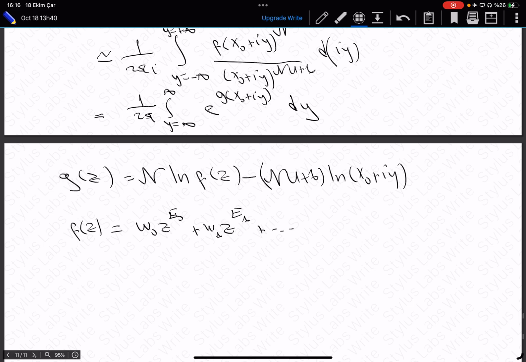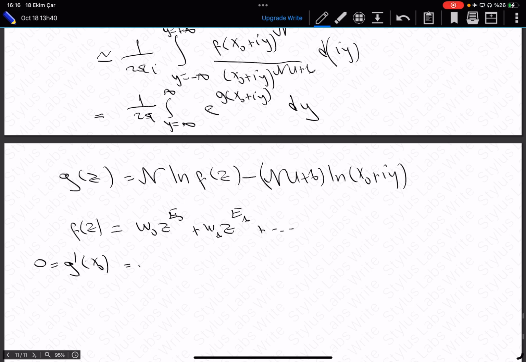Now, first, let us find what is x0. To find x0, I just need to take the derivative of g with respect to z, g prime, evaluated at z equals x0, which is 0 along the real line. This should be 0.